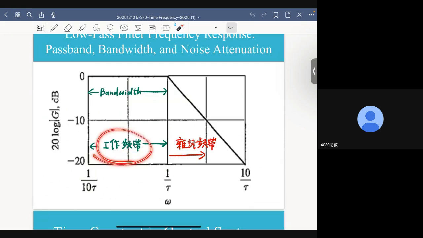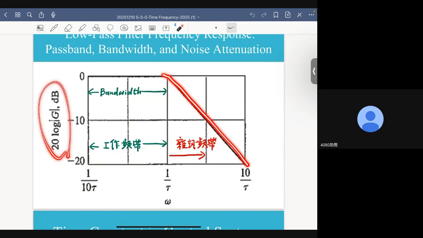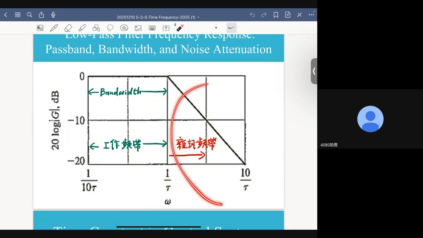Okay. This four character phrase actually means working frequency bands, and this means noise frequency bands. That is the reason why we want to decrease the magnitude of this system in this frequency band is that we expect the frequency contents of noises will appear in this frequency band.